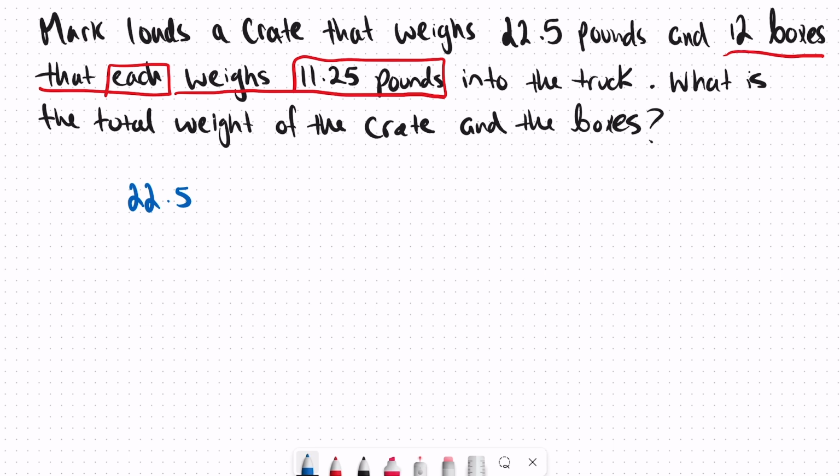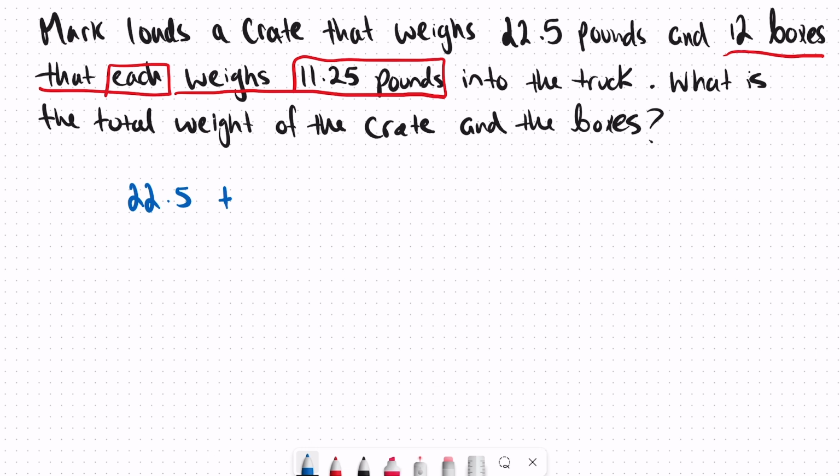So in order to get the total weight, we're going to have to add the weight of the crate plus the weight of each box. The word each gives us a hint of how much each box weighs, which is 11.25 pounds.